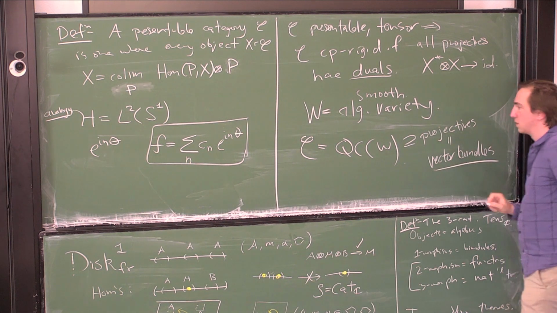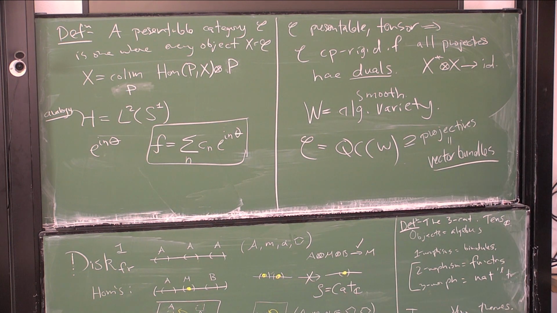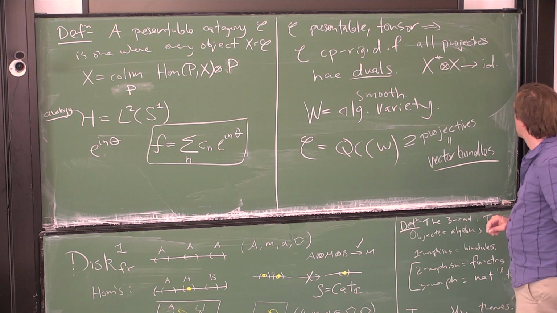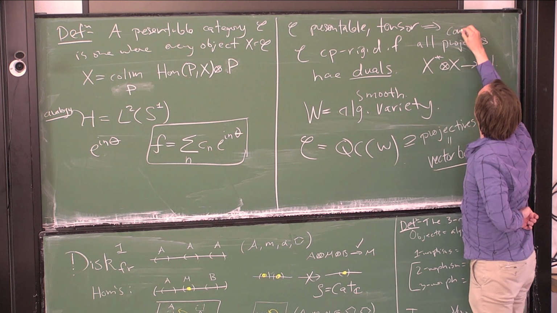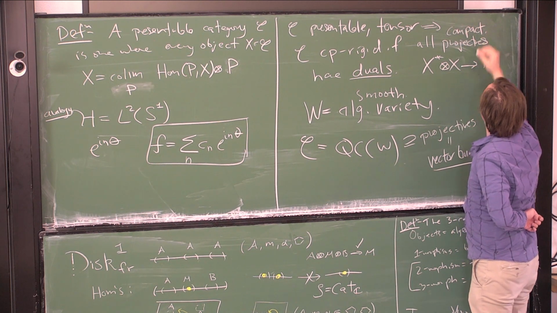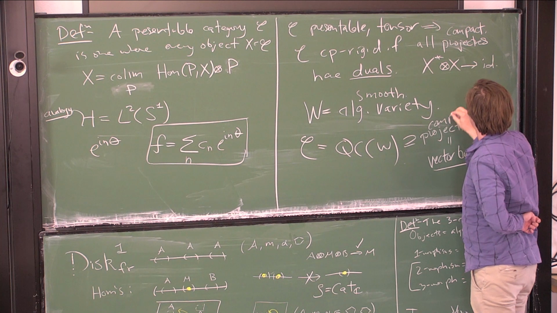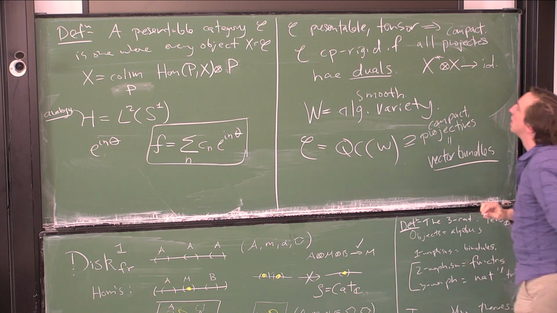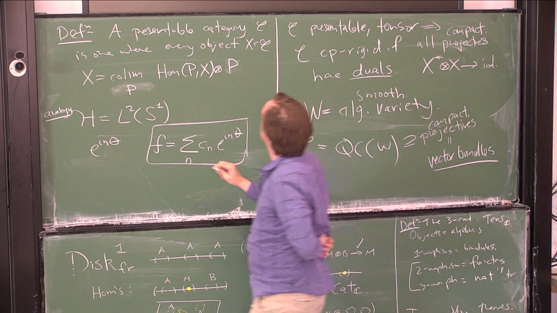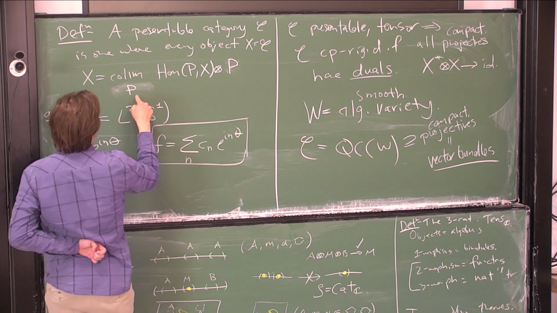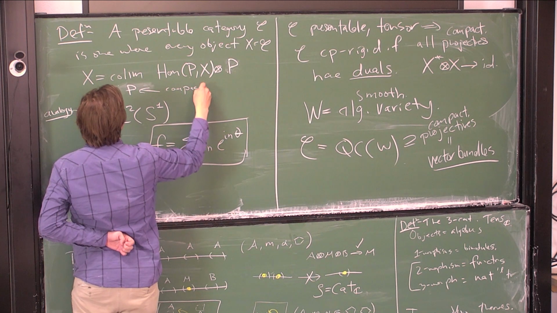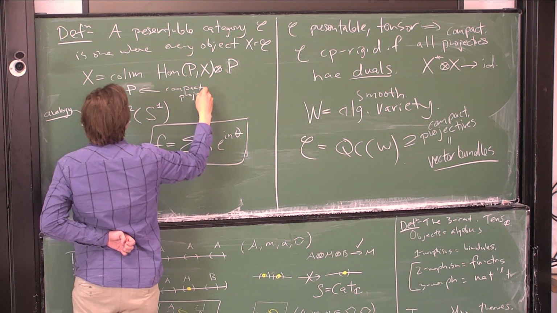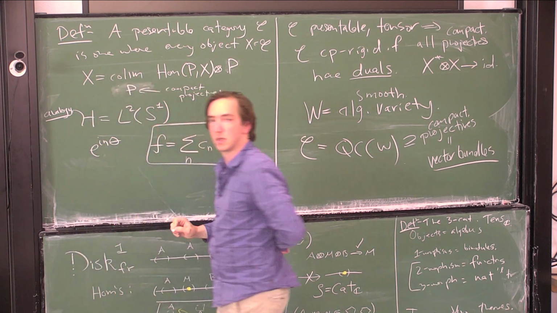Shouldn't there be some finiteness assumptions or some compactness assumptions on the projectives? Or do you really want every projective to have duals, or only the compact projectives? Well, compact projectives, thank you. Thank you very much. This is a bit stronger than presentable, right?